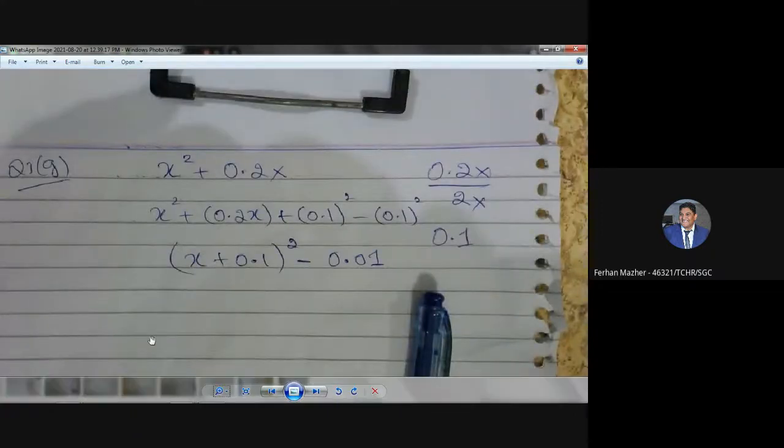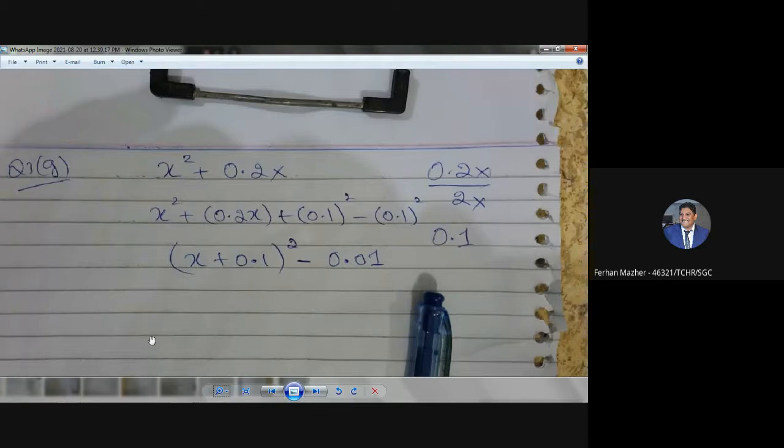Now on your screen, the question is showing that is question number 3, G part, x squared plus 0.2x, and here he's trying to confuse you. He has given you a decimal fraction. So the method is still the same. We look for that term which has x in it.